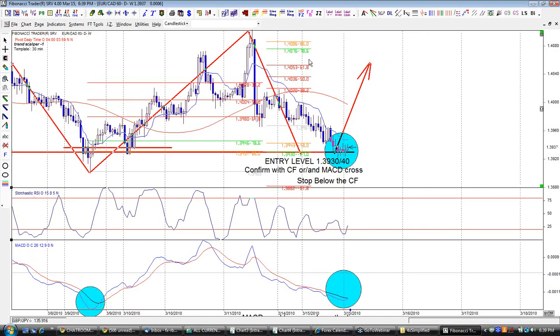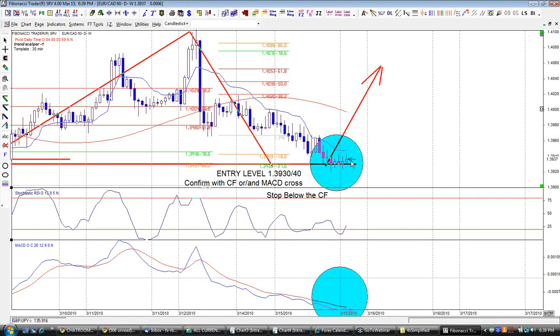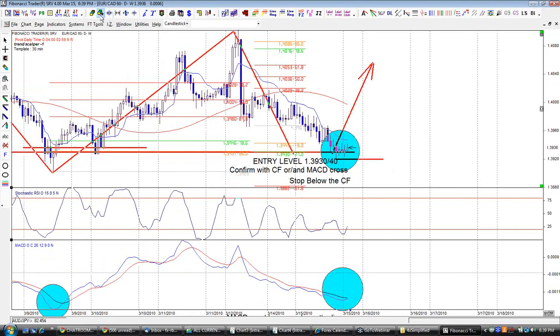Now, we can enter Euro Canadian anytime with the stop below this candle. We can also wait for a cross of this Euro Canadian MACD.